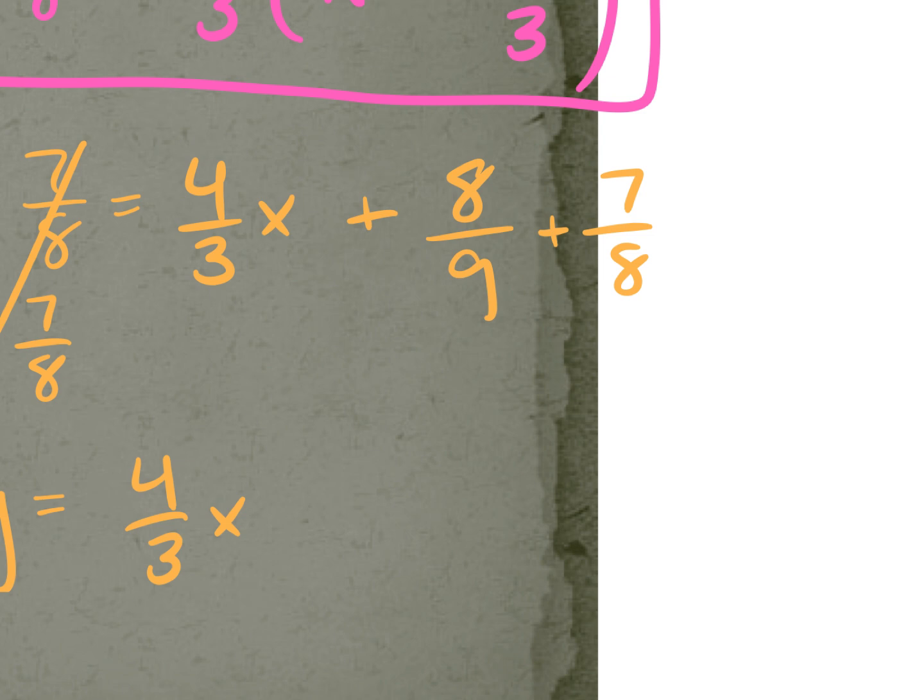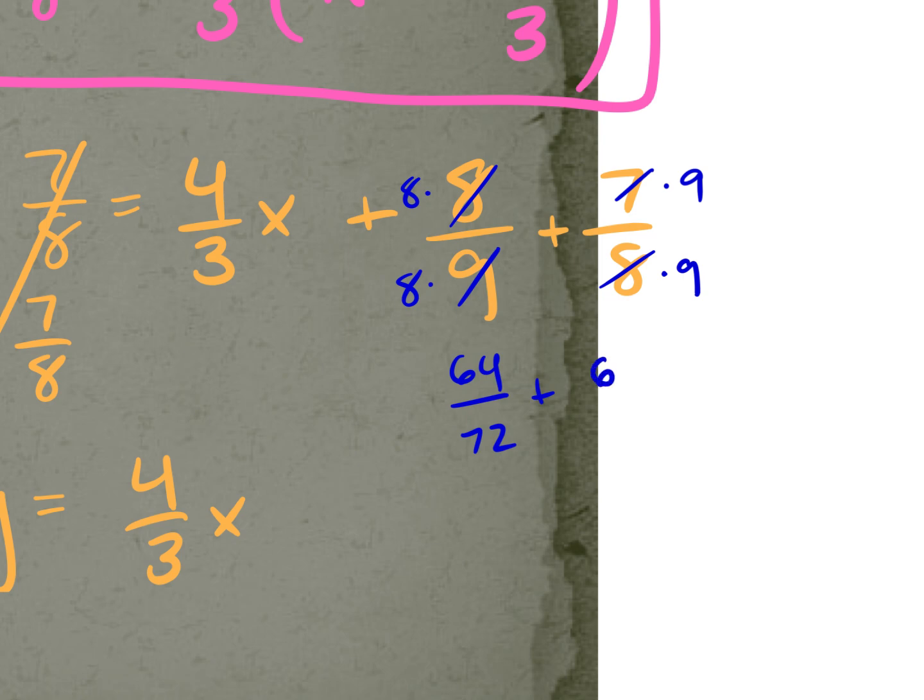What is a least common denominator between 9 and 8? What numbers does both 9 and 8 go into? 72. So we're going to multiply the top and the bottom here on our first fraction by 8. So this would give us 64 over 72 plus, second fraction, we have to multiply the top and the bottom by 9.